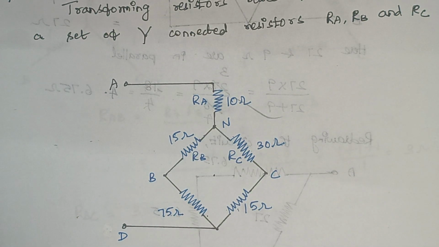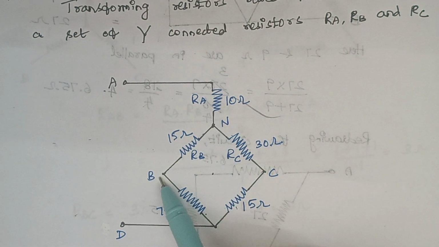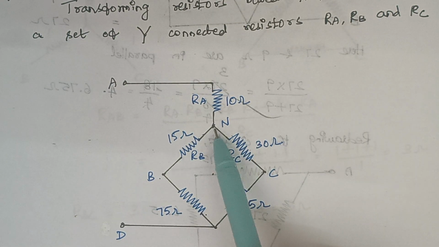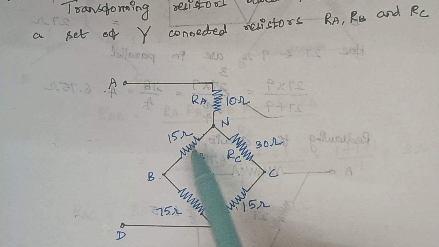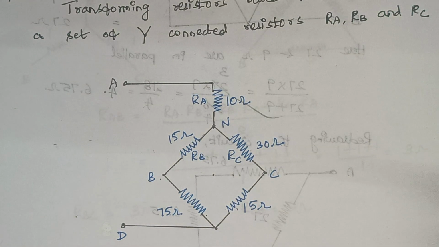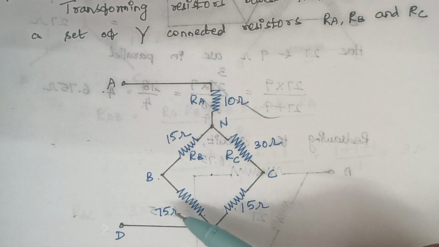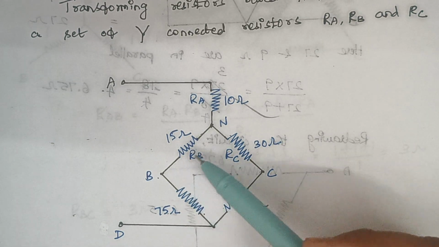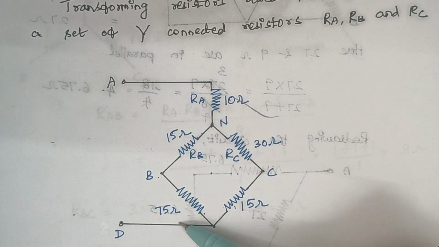Now we are calculating the voltage across NB and the voltage across NC. The current flowing through this 15 ohm is what we had calculated as the current flowing through the 90 ohm resistance. That 90 ohm resistance is nothing but the combination of this 15 and 75.